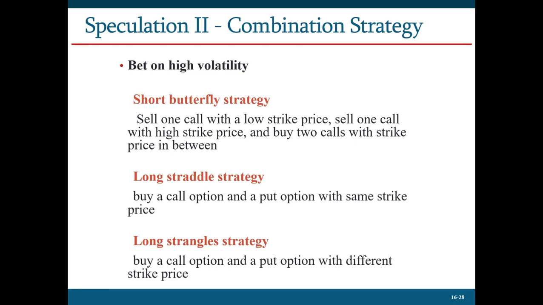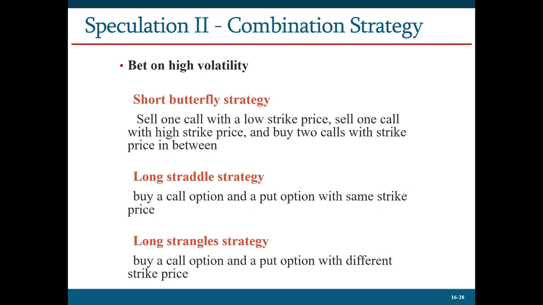A short butterfly strategy will ask you to sell one call option with a low strike price, sell one call option with a high strike price, and buy two calls with a strike price in between. So here you buy and sell four call options. And actually the proceeds will cancel out, because when you sell a call option, you have money going to your account, but when you buy call options, money will go out, but the amounts will cancel each other, and that is a short position butterfly strategy.